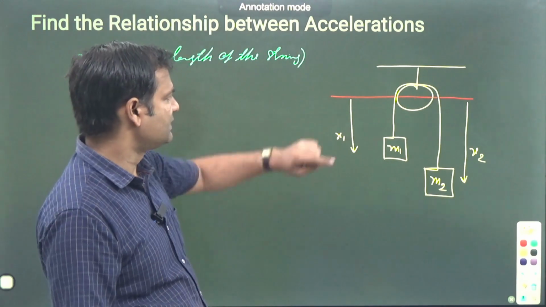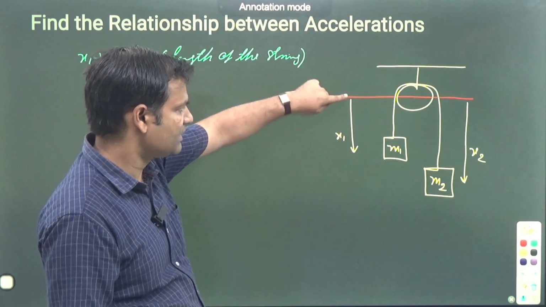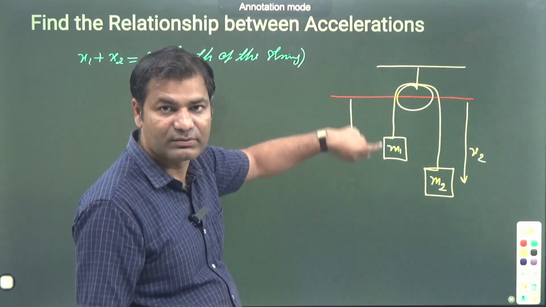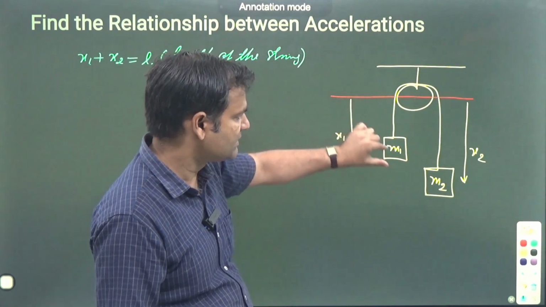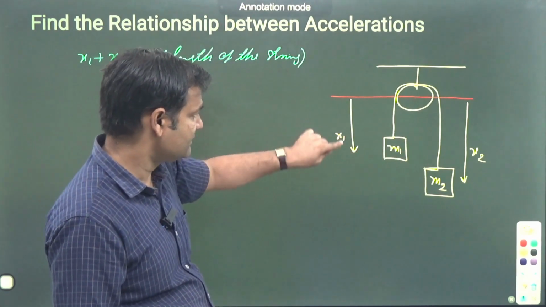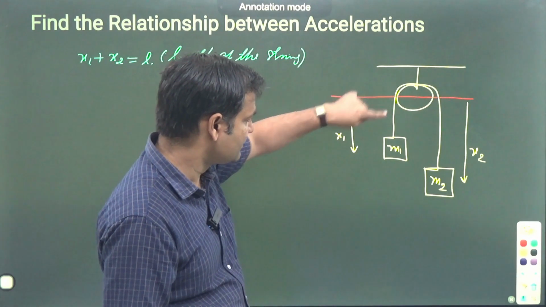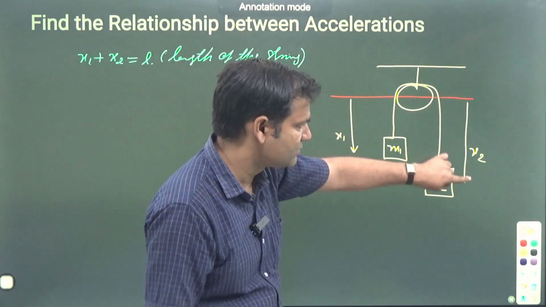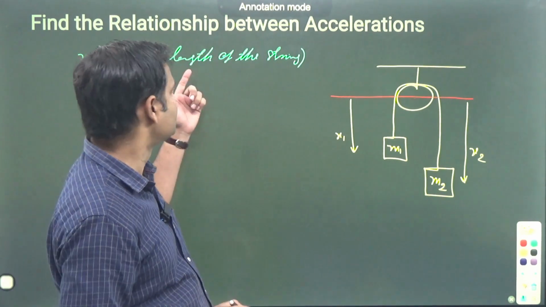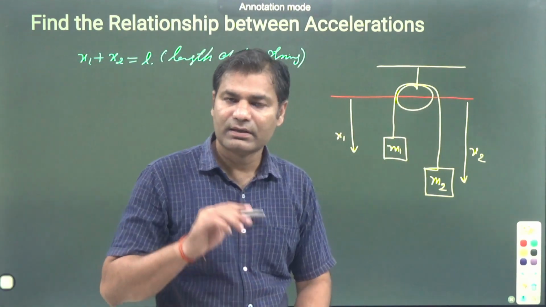Now next one. At any instant, suppose the displacement from the fixed point to this moving mass is x1, and this one is also moving, at x2 from the fixed point. So x1 plus x2 is L, the length of the string.